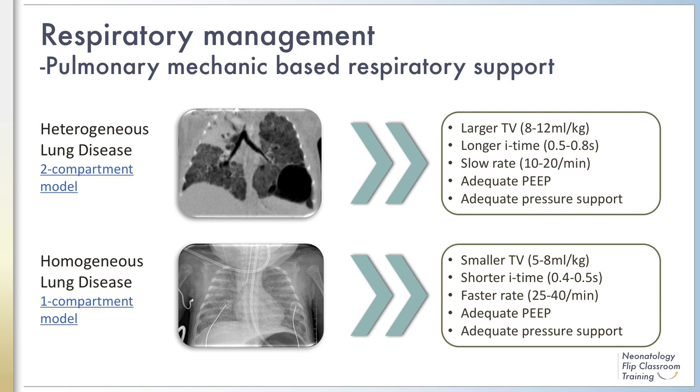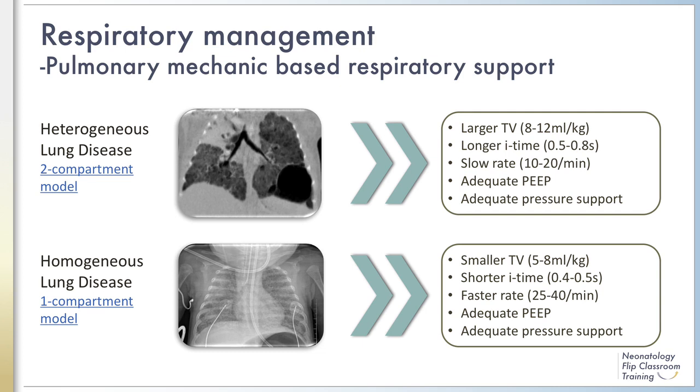For example, we have discussed the pulmonary mechanics in patients with heterogeneous lung disease in Module 4. In summary, these patients have uneven ventilation with fast and slow compartments throughout their lungs, and increased dead space either from atelectasis or cystic changes.